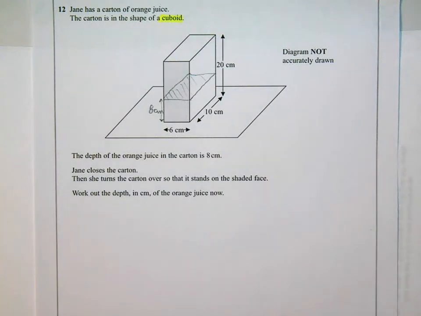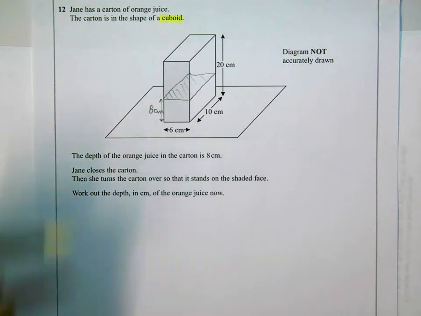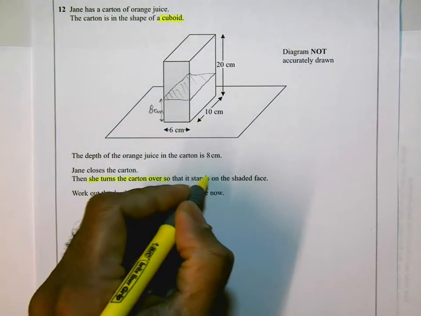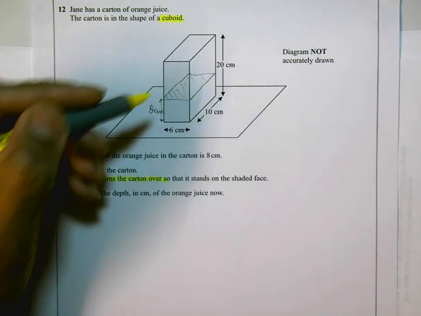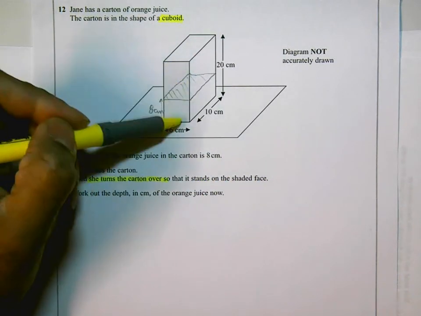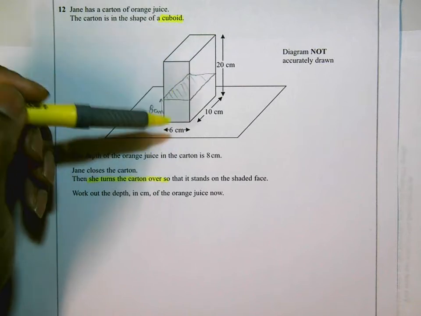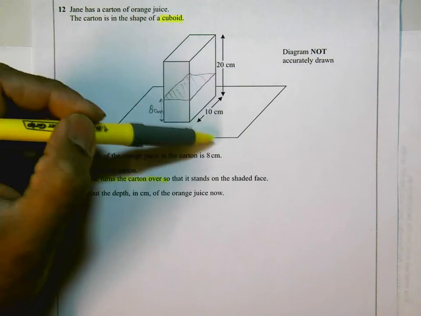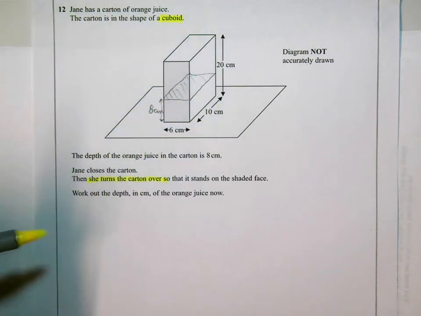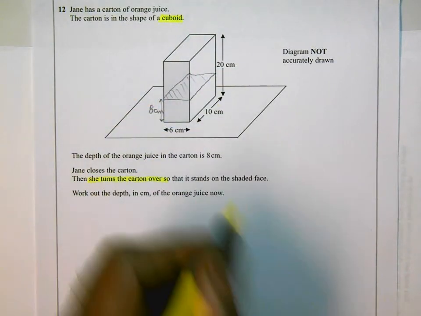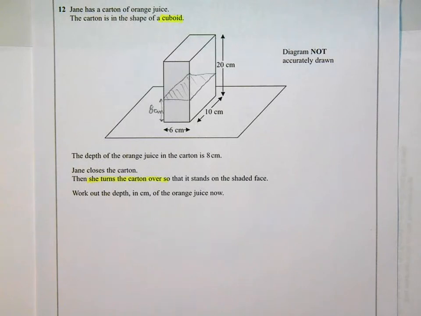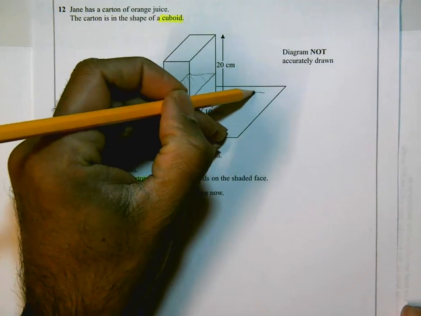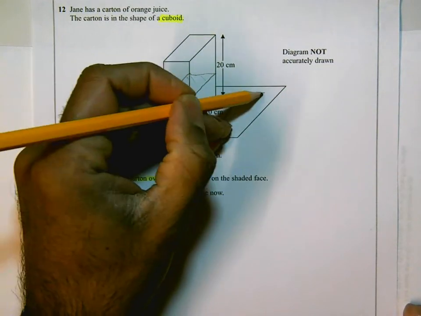Jane closes the carton and she turns the carton over, so it stands on the shaded face. This is the shaded face at the front, so it's actually going to stand on that face. That bit there is going to be on the table. It's going to be on the bottom. Work out the depth of orange juice now. So when she turns it, that shaded face is going to be on the table.